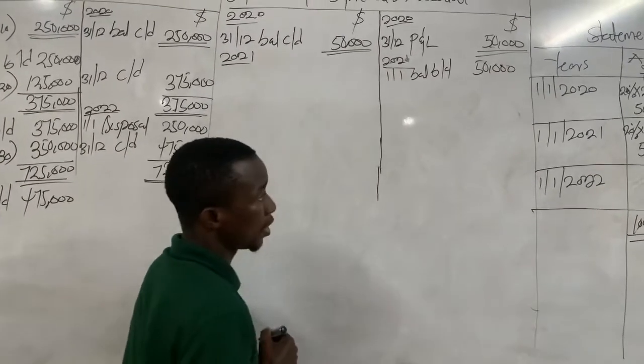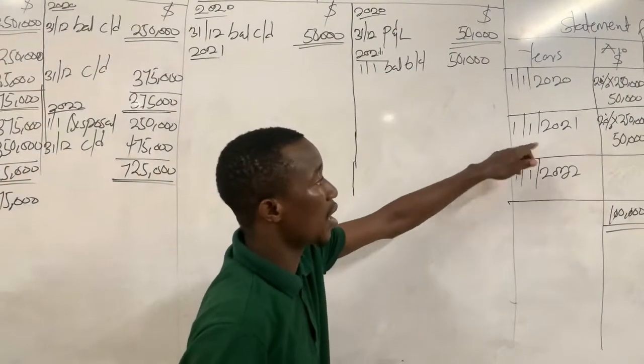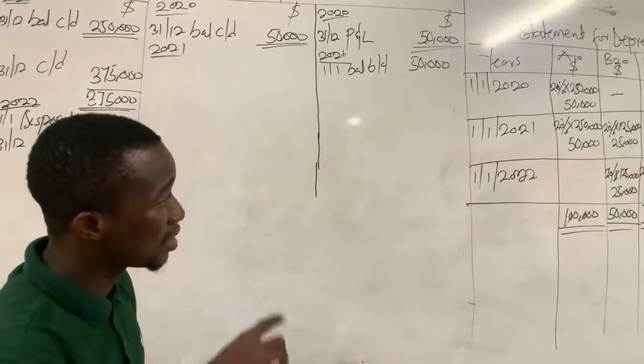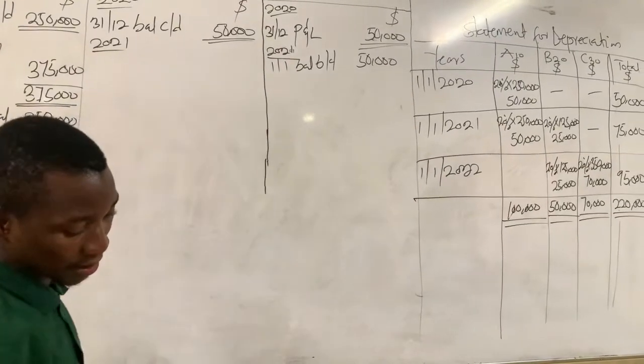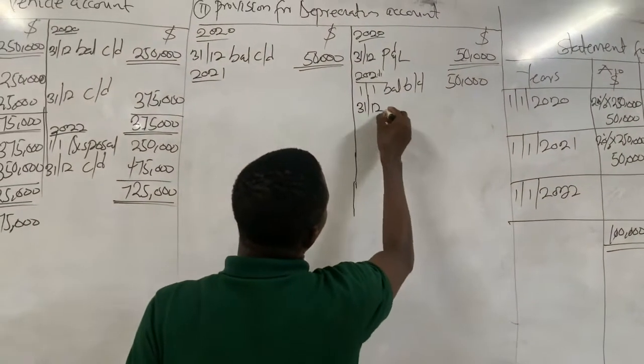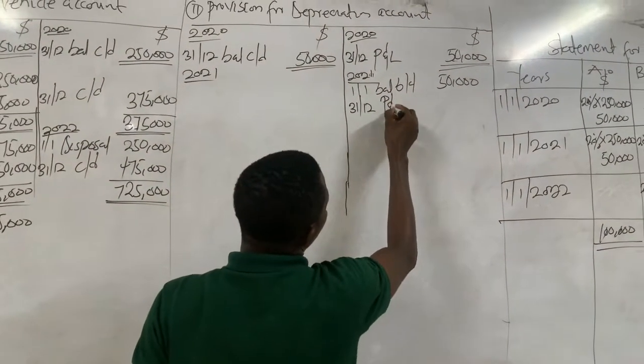50,000. Okay, so in 2021 we had another provision for depreciation being $75,000. So that will be at the close of the period, and it will go to the P&L account.